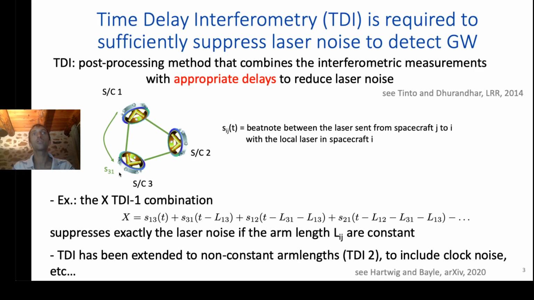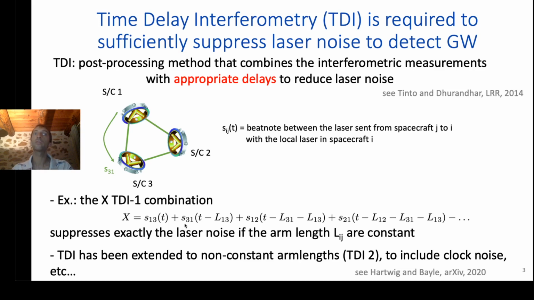We'll have 6 such scientific measurements, and the main idea behind the TDI algorithm is to produce some linear combination of these 6 interferometric measurements, which is written here.